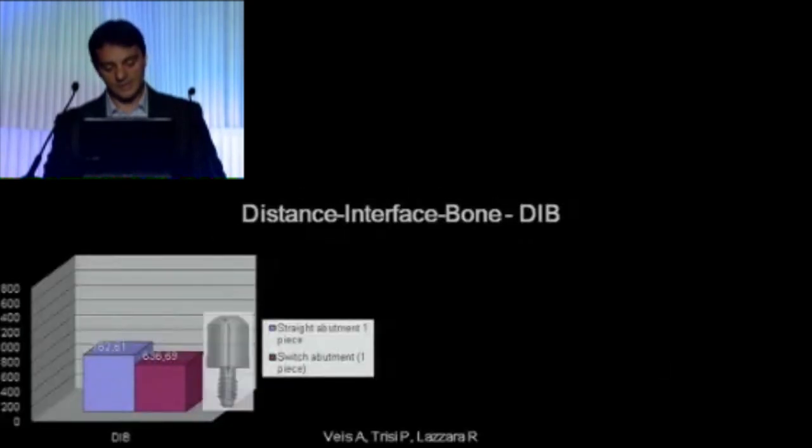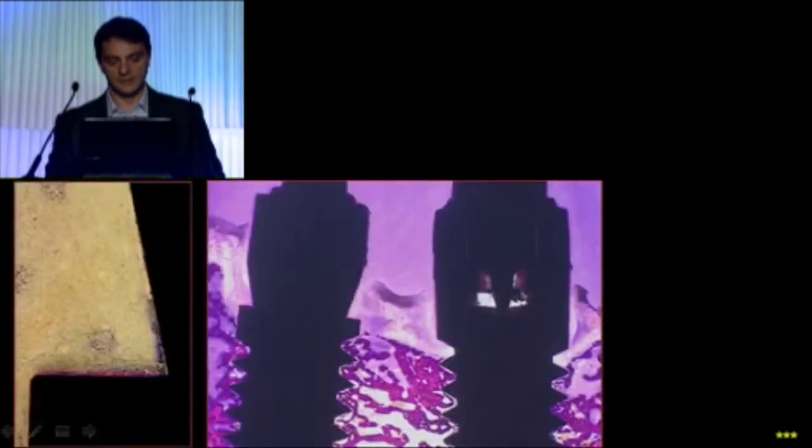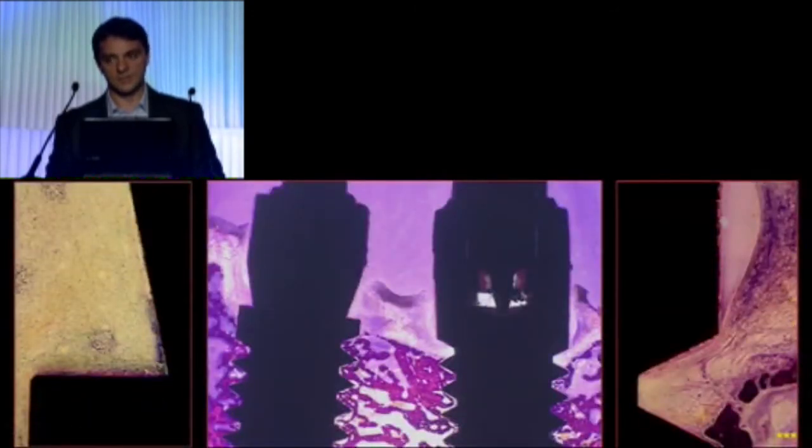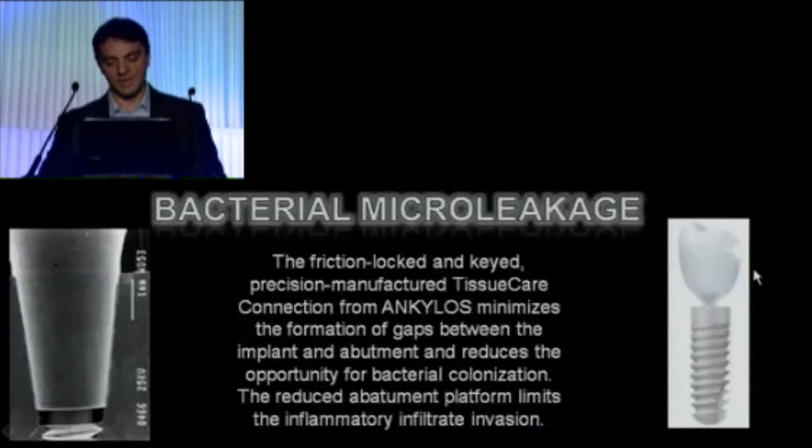And we did animal studies which proved that you can reduce the bone loss at the neck using the switch platform. And again, the Ankylos implant gives us the chance not only to have a rough surface, but also to reduce the microleakage due to the conical connection, and also having the switch platform reduces the bone loss at the neck.